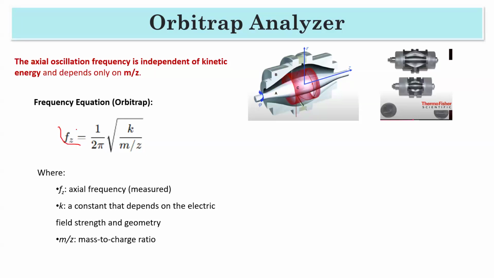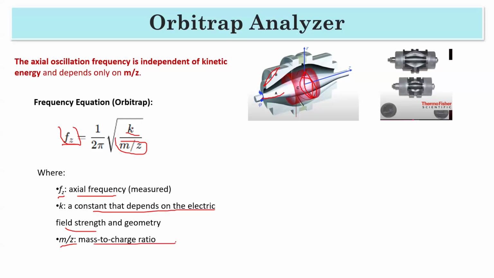So the frequency of such a rotation, that circulation, will be related with m by z, as I already told. Fz is the axial frequency, because this is axial, and k is just a constant that depends on the electric field strength. Electric field means how much potential you have applied on these two, and so you can know the m by z.